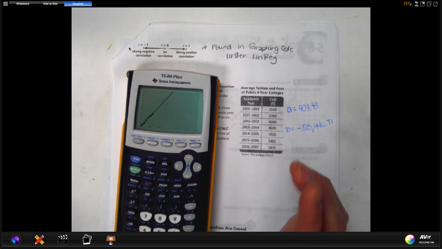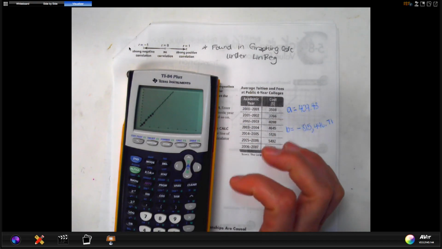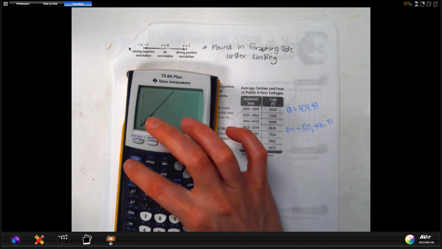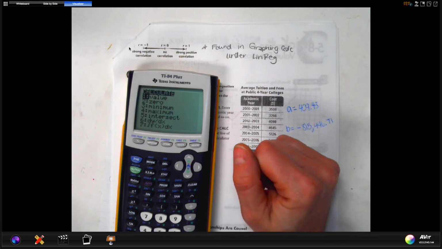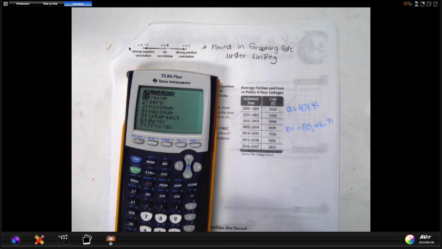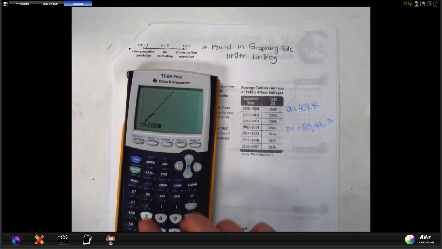So if you're on here, you can calculate that year if you press second trace, because see there's a calculate. See it says calc above that, and then enter. So our X value that we are looking for you guys would be 2027. Okay, let's go ahead. Let's put it in there and press enter.